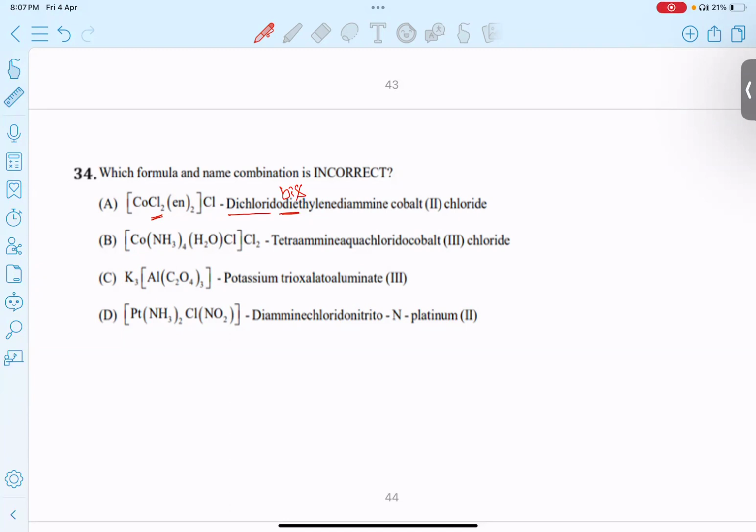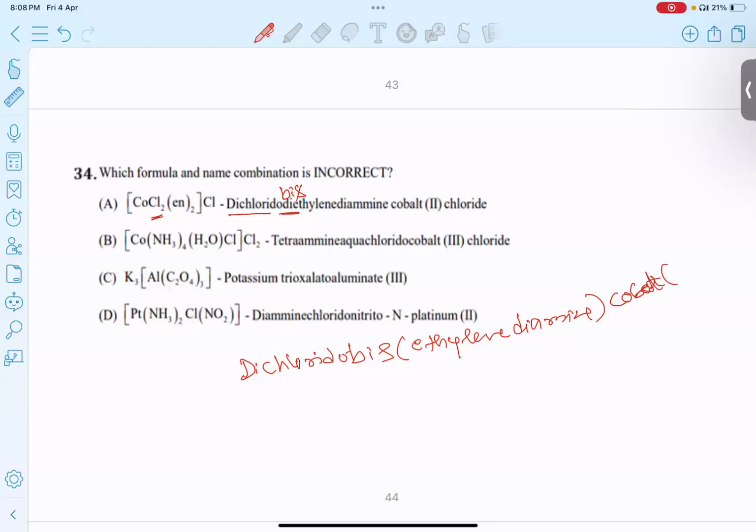The name is dichlorido bis, within the bracket ethylene diamine cobalt.